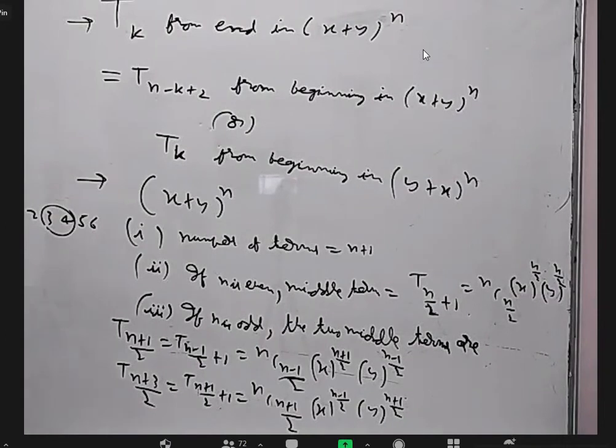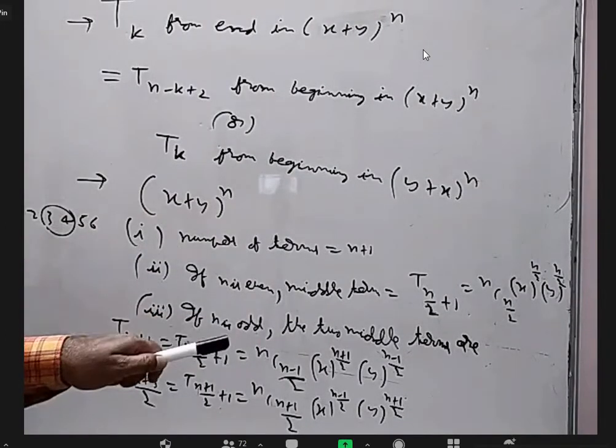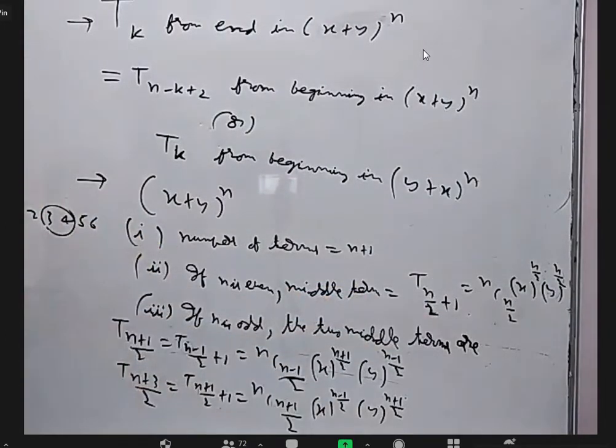So when n is even, the number of terms will be odd and there will be only one middle term. When n is odd, the number of terms will be even, so there will be two middle terms.